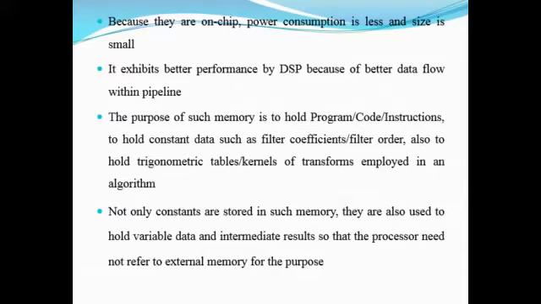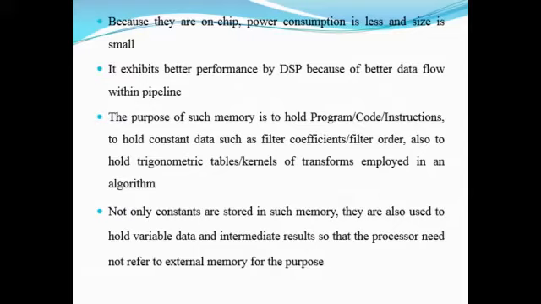These are the major requirements of a memory unit used in a DSP processor. This data may include filter coefficients or filter order, and also trigonometric functions or tables, that is, the kernels of transformation.